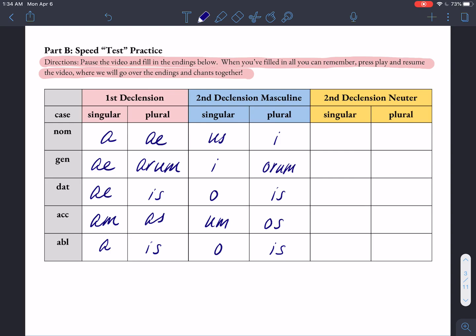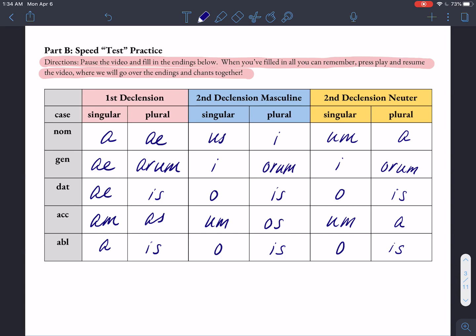Okay, now this week we have a new chart to learn with new endings. All right, so as I fill these in, check your answer. Well, you actually don't know these yet, so that's okay.